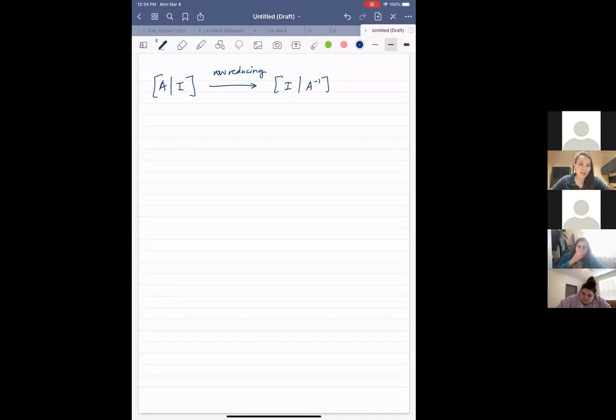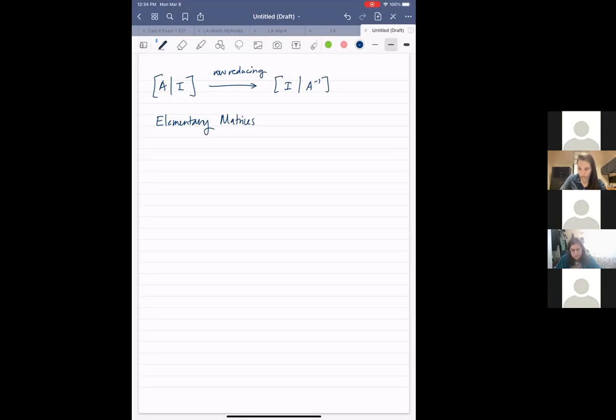But we did not really talk about why this was the case. So the idea is we can express these elementary row operations using what are called elementary matrices.